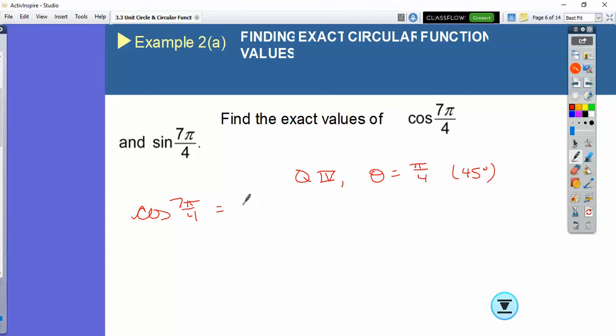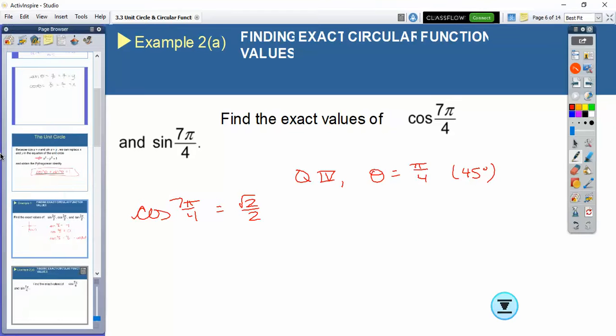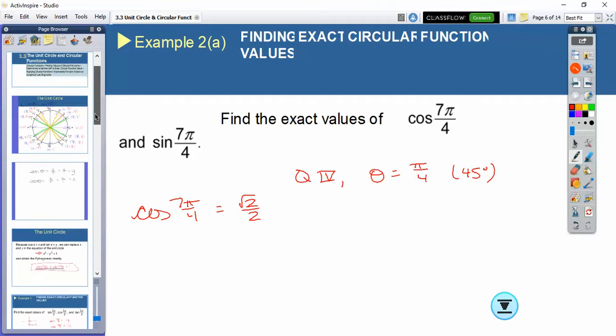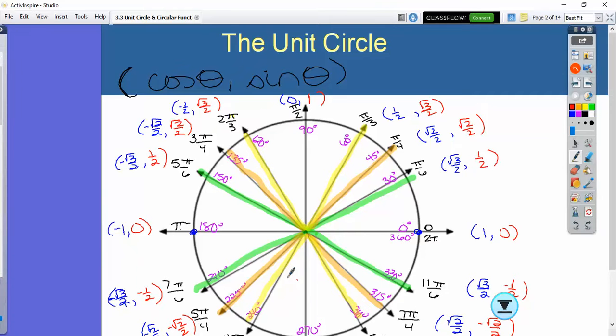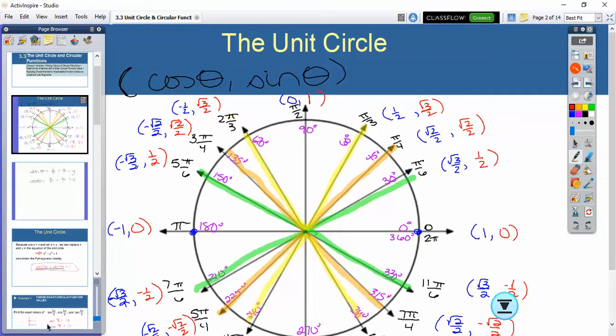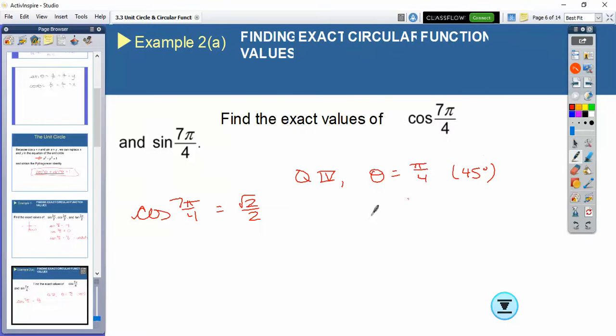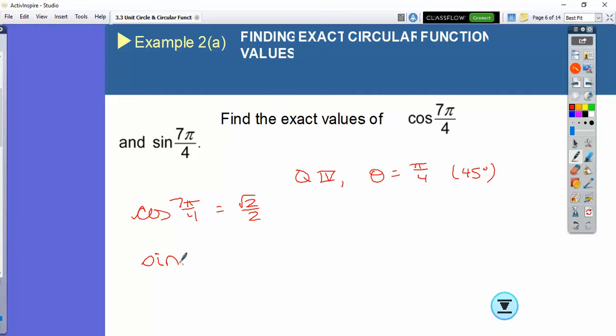Positive. Cosine of 45? If you're using your circle, look at 7 pi over 4, my x was a positive radical 2 over 2. So we can check that way. Sine, in the 4th quadrant, is sine positive or negative? Negative. And sine of 45? That's the same as the y value of that point on the circle.